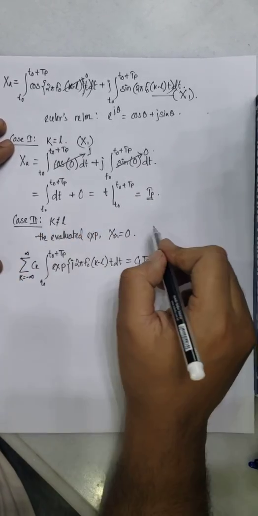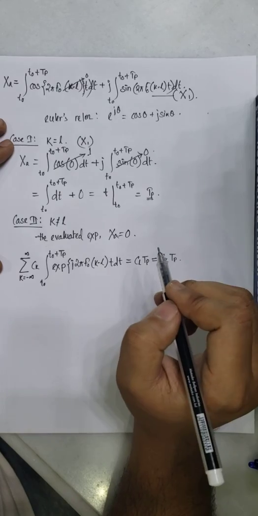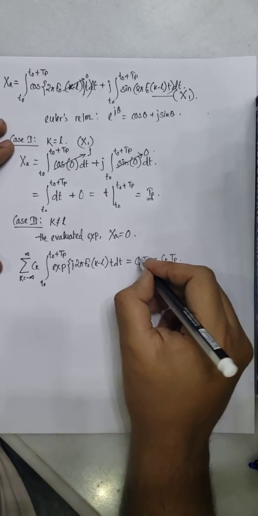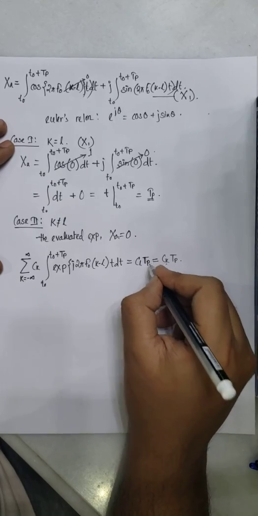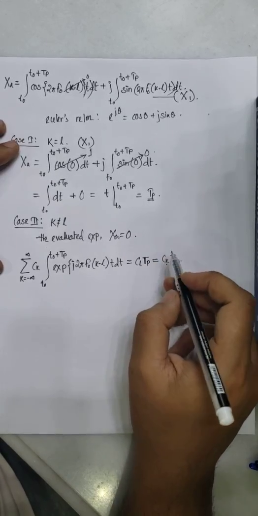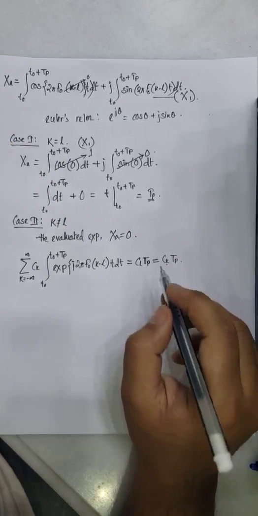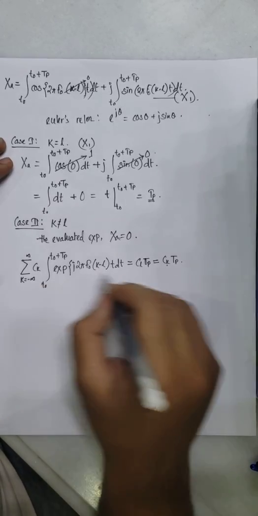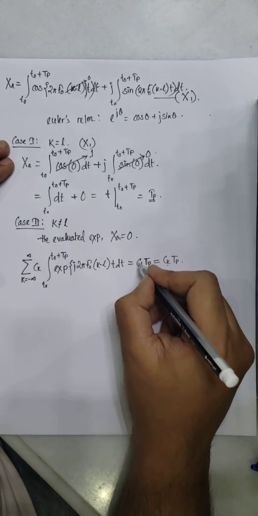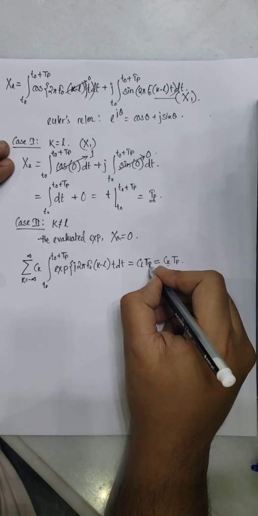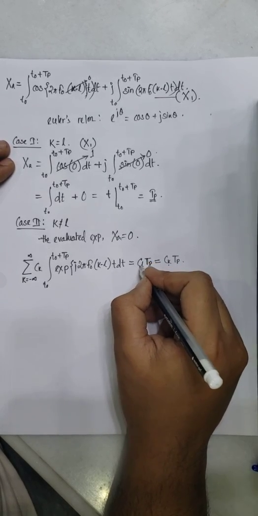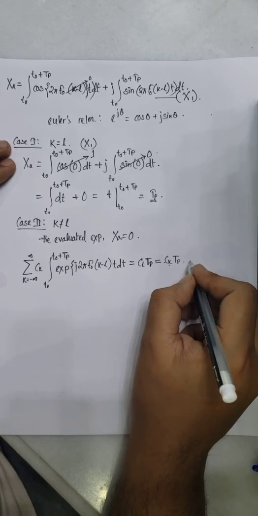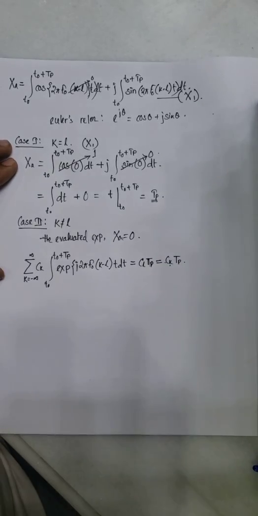Otherwise, for every other value, the value will become 0. So for only one value of the integrand, which becomes Tp, we don't need a running summation. Hence, the equation can be collapsed into CLTP. Now, since L and k are equal, we can write it as CLTP or CKTP. That is up to your preference.